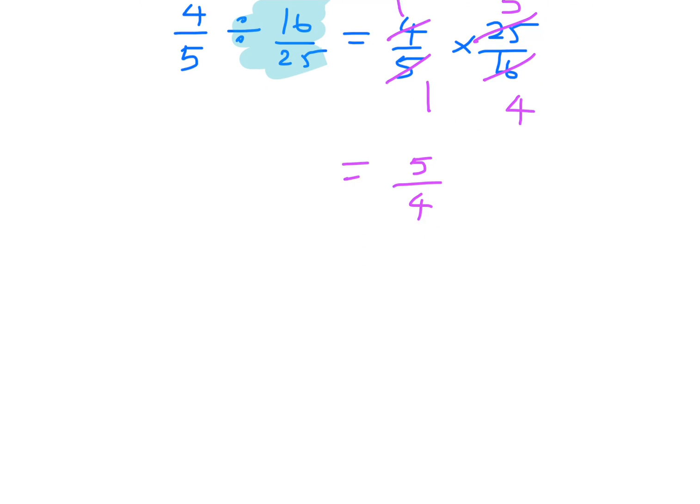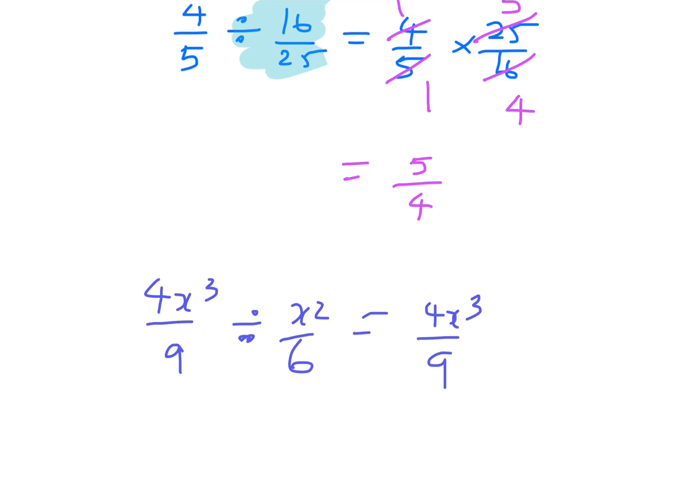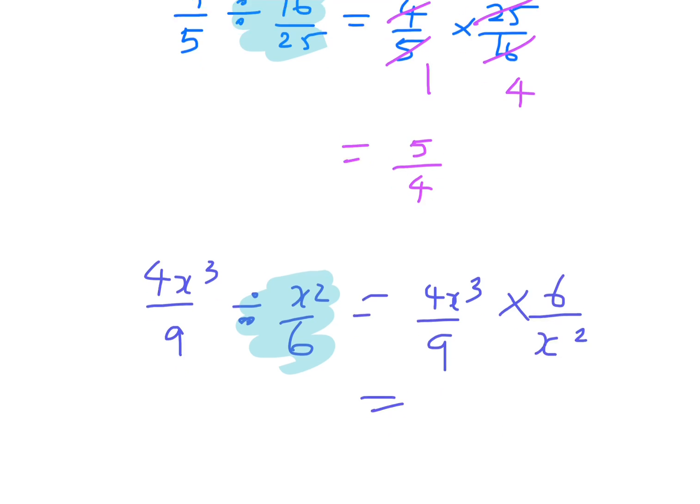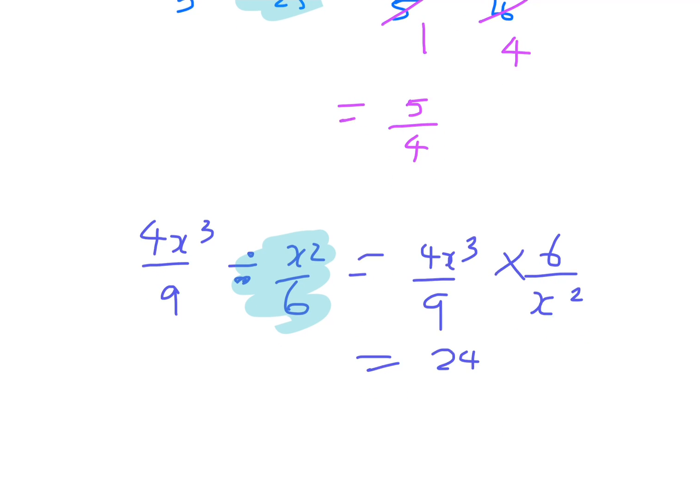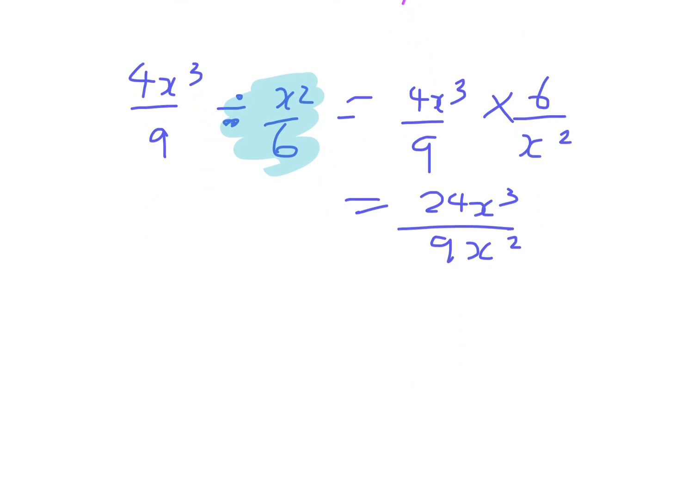Okay, so if you had an algebraic thing to simplify there, say 4x cubed on 9 divided by x squared on 6. So when you divide, look to the right side, flip it, and multiply. So 4 times 6 is 24, 24x cubed. 9 times 1 is 9, 9x squared, and then you can cancel.